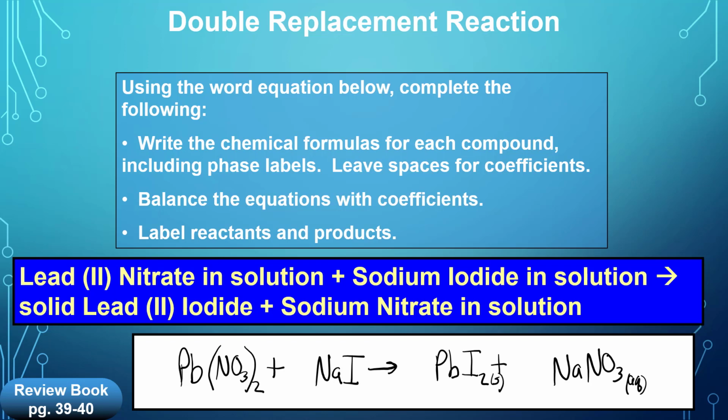Sodium is, yep, they are both aqueous. And let's balance this. We have 2 nitrate ions on the reactant side, and only 1 on the product side with the sodium nitrate. I'm going to put a 2 in front of here, and then we're going to put a 2 in front of here, and now we've got this thing balanced.